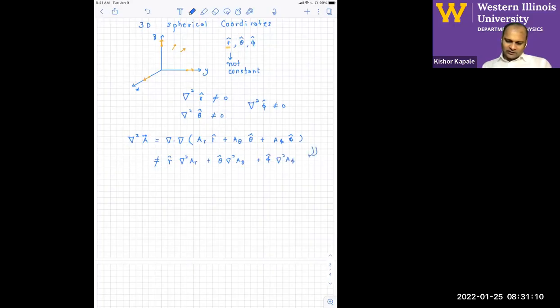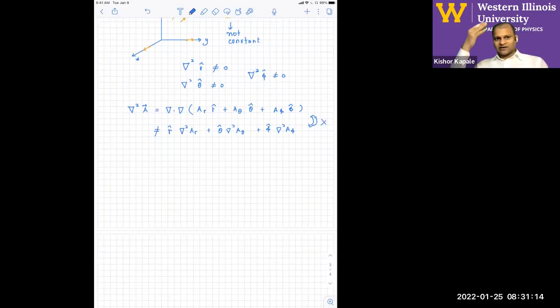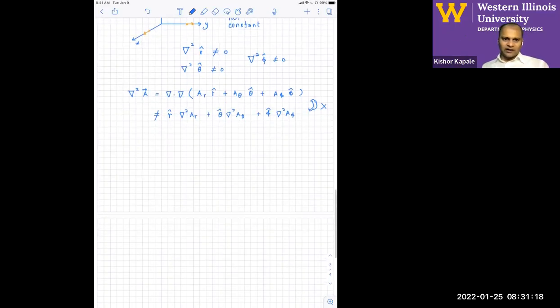These two things are not the same, right? You can't make that jump. And that means that the vector identity that we saw earlier takes a completely different form. You can't write it like that.